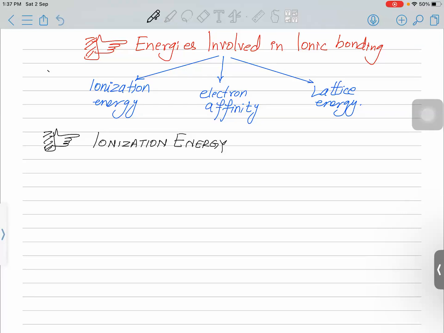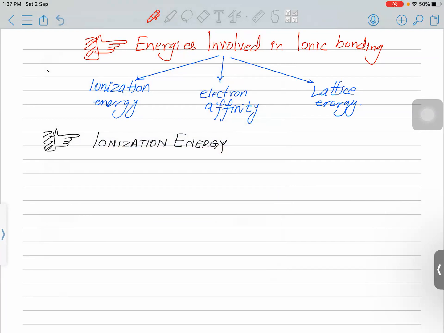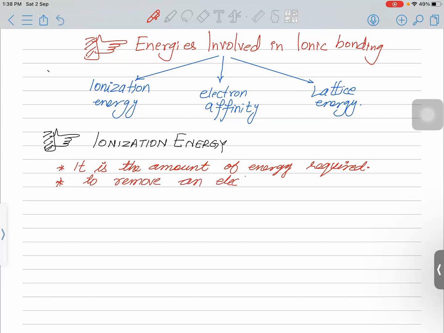So it is the amount of energy required, point number 2, to remove an electron, point number 3, from a gaseous atom to form a gaseous +1 ion.